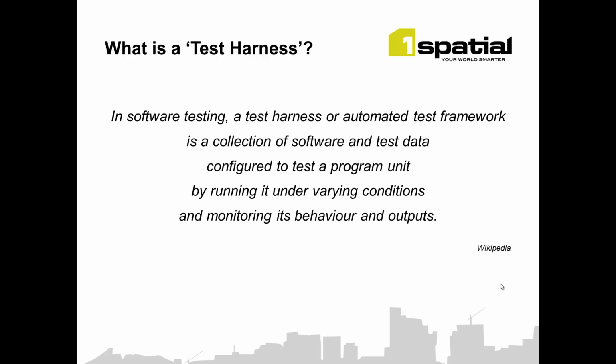Now, effectively, we had an FME process that existed, that was being used in production and was being run upwards of 4,000 times a day. We could not break that process and start producing a different output.